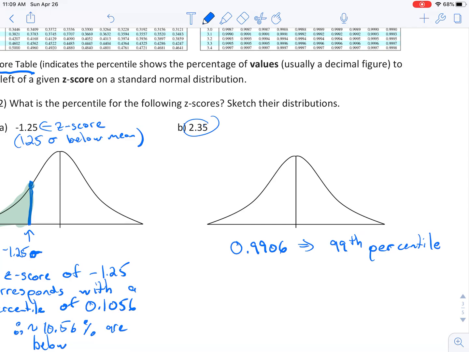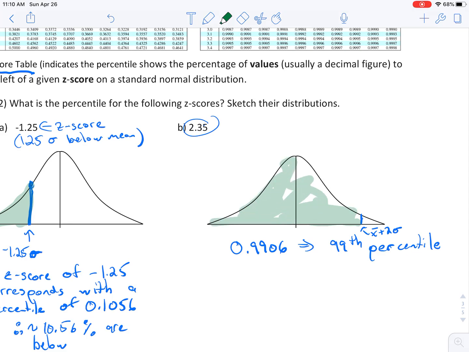So you can see it doesn't take long to go, or far to go above the mean. We're only just over 2 standard deviations above the mean when I reach this high percentile. So what that means is that you're probably somewhere over here. So this would be like the mean plus 2 standard deviations.